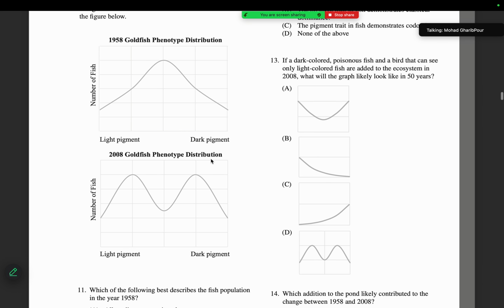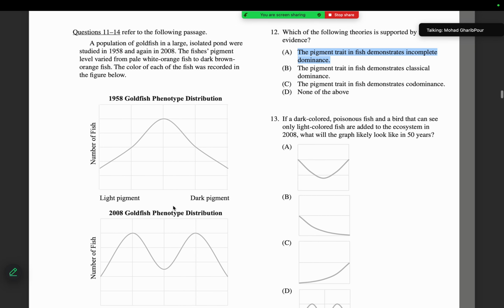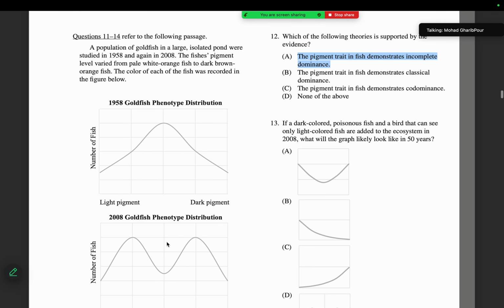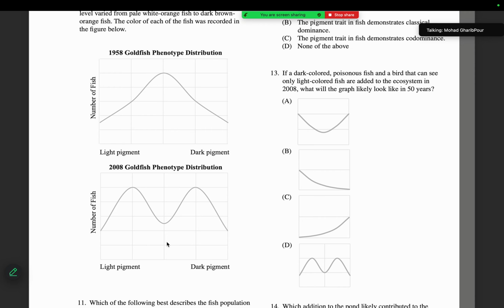So it tells us that this medium pigment wasn't really a good trait, and so they diminished, but that's about it. It doesn't tell us the inheritance. So the way we can figure that out is through crosses. Okay, not through this.